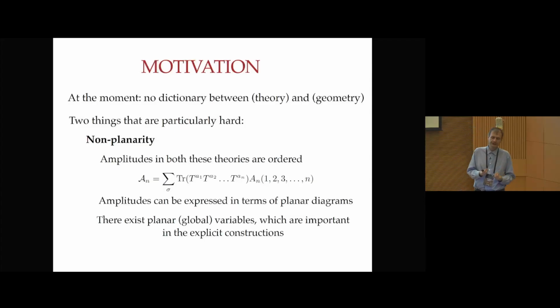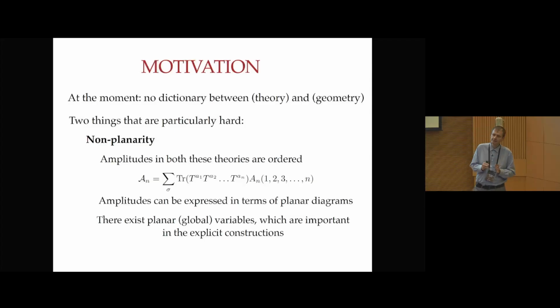There are two things which at the moment are challenges to extend the space of quantum field theories we can talk about. The first one is non-planarity, or the lack of color or flavor ordering of the amplitude. Because for both of these theories, we can always expand the amplitude in terms of some ordered amplitudes, when the particles are ordered on a disk, so there is a given ordering.